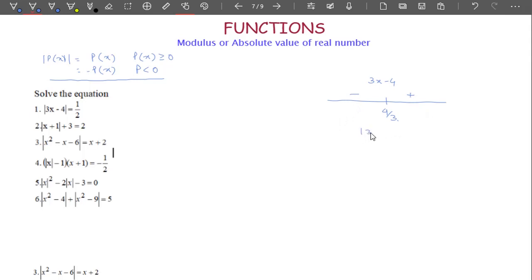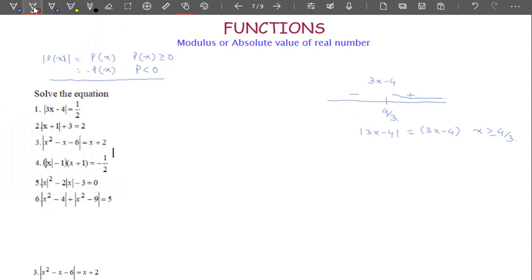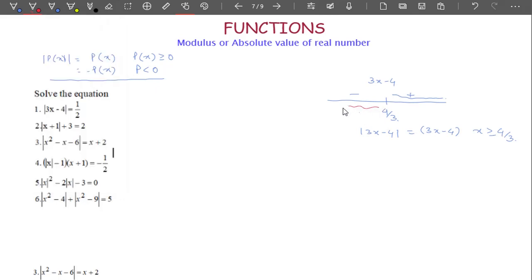So can we write modulus of 3x minus 4 is equal to 3x minus 4 when x is greater than or equal to 4 by 3, in this portion, and in this portion we will have minus of 3x minus 4 when x is less than 4 by 3. Using this concept in solving.